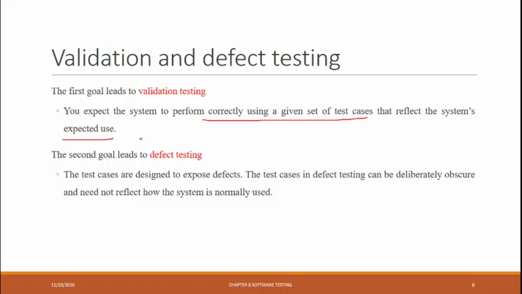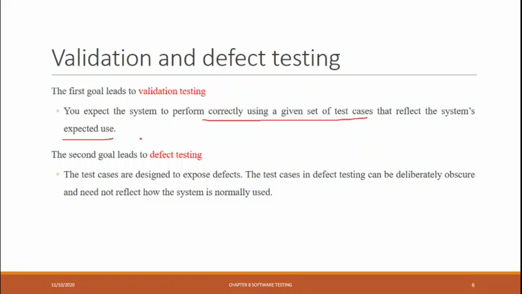The second goal leads to defect testing. The test cases are designed to expose the defects. The test cases in defect testing can be deliberately designed and do not reflect how the system is normally used.